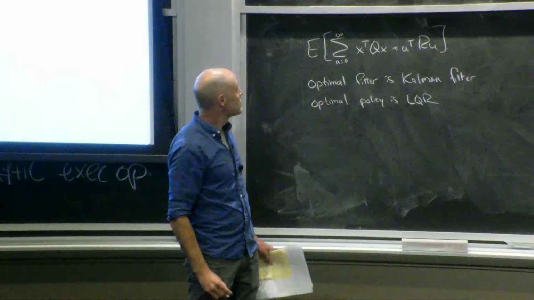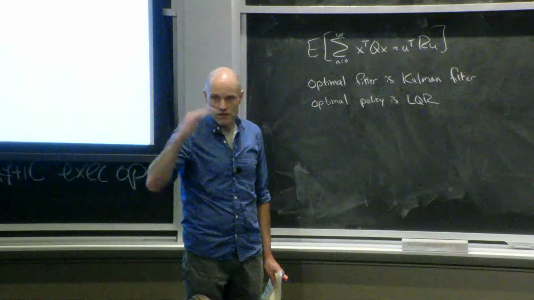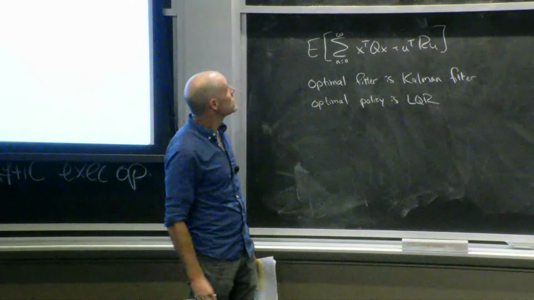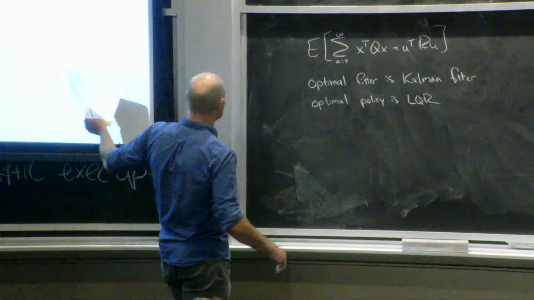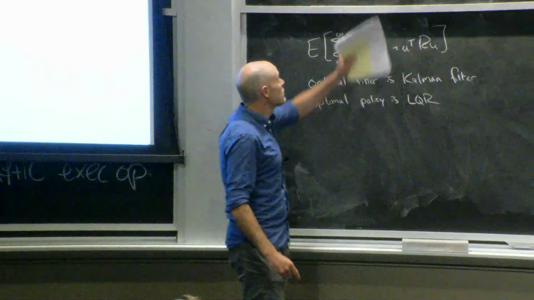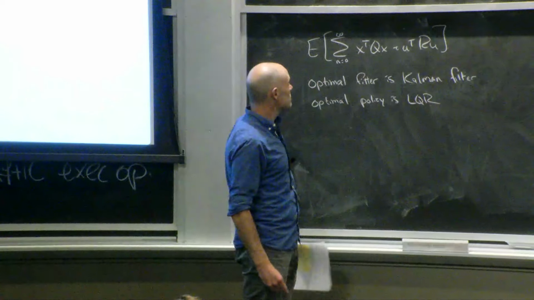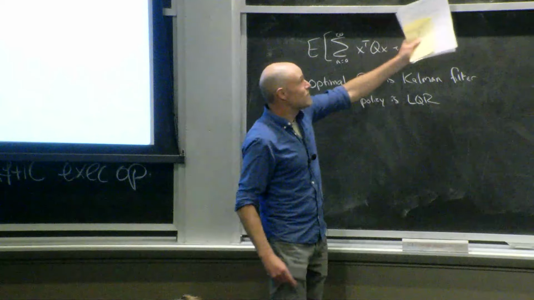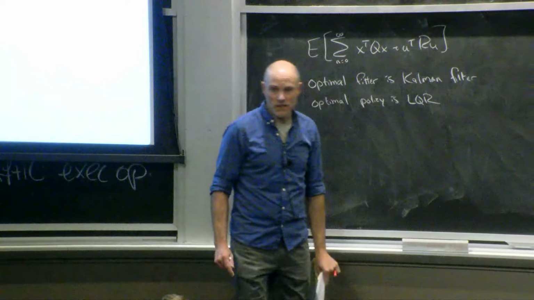Does the chain of argument work so far? Yeah? What you really want to do is carry around a probability distribution over your cheese maze or your state space, right? For LQG, we know how to do that exactly because it stays Gaussian. And it just happens for the LQG problem that the optimal policy doesn't even depend on the covariance.